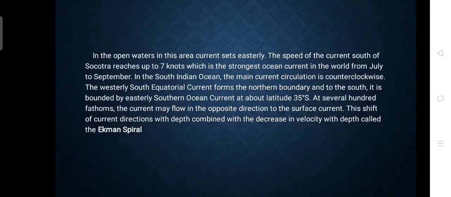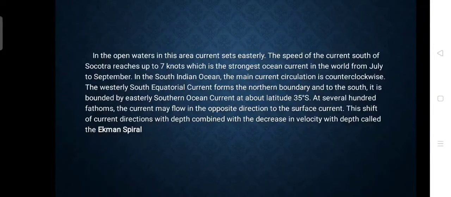In the open water in these areas, current sets easterly. The speed of the current south of Socotra reaches up to 7 knots, which is the strongest ocean current in the world from July to September. In the South Indian Ocean, the main circulation is counterclockwise.